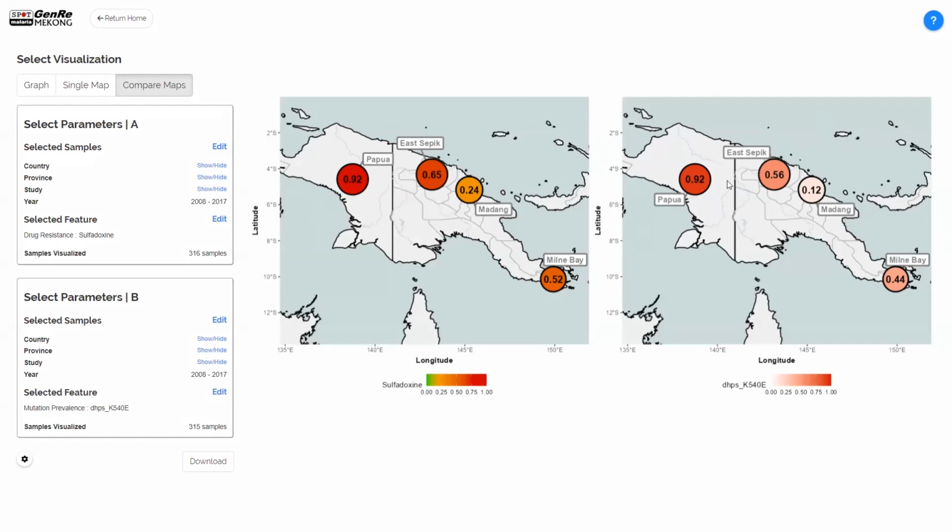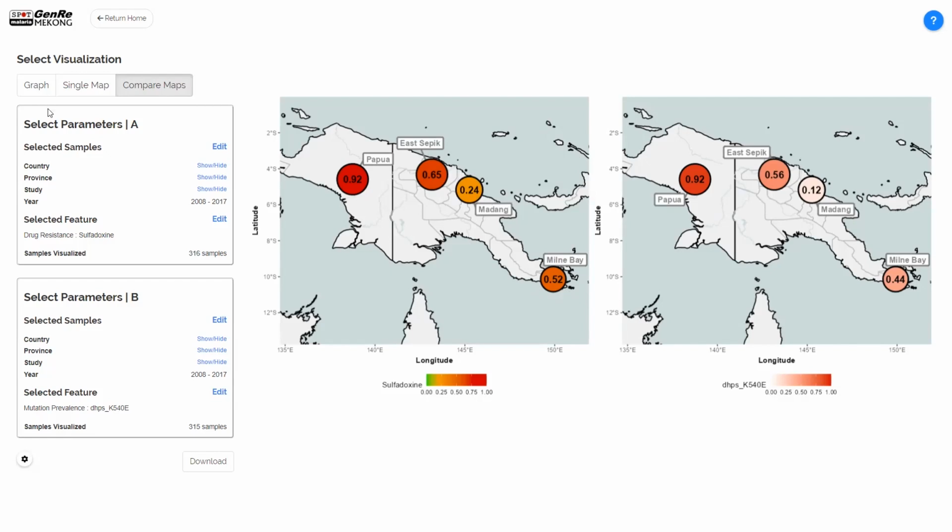And I think this is because sulfadoxine resistance can be caused by more than one mutation. And so the resistance to sulfadoxine at, say, East Sepik, Madang, and Milne Bay may be caused also by another mutation that gives rise to this resistance.